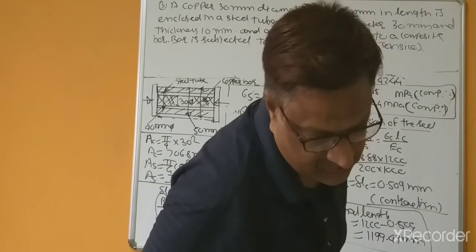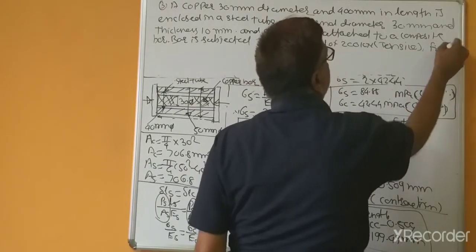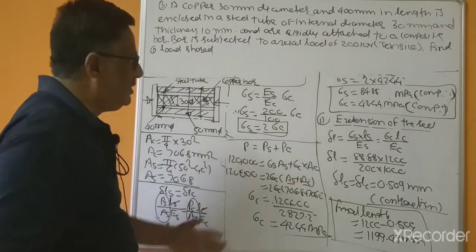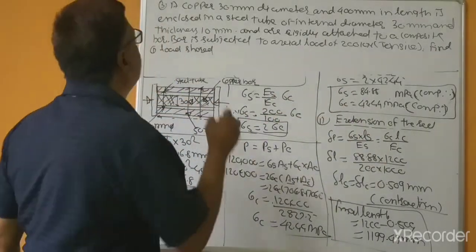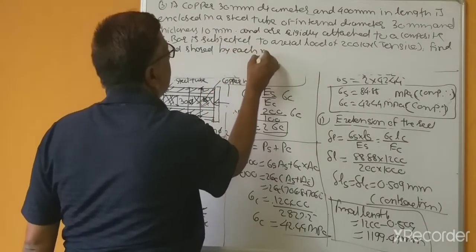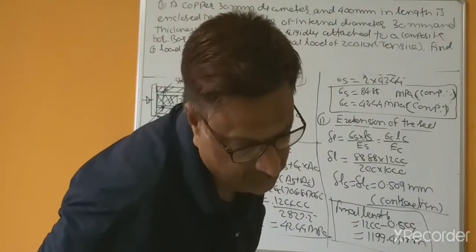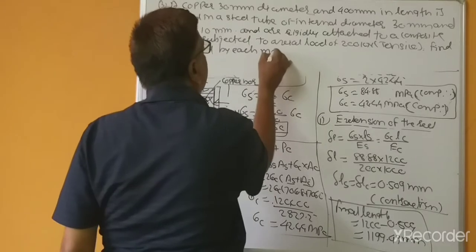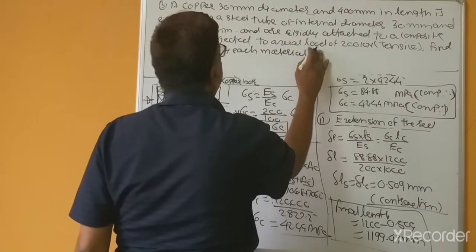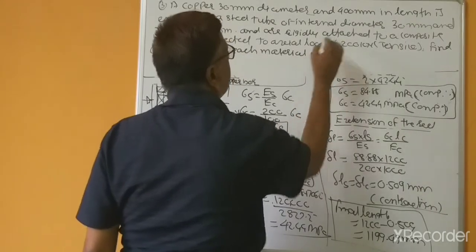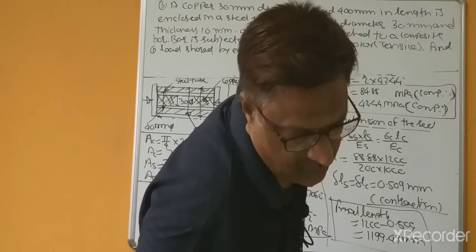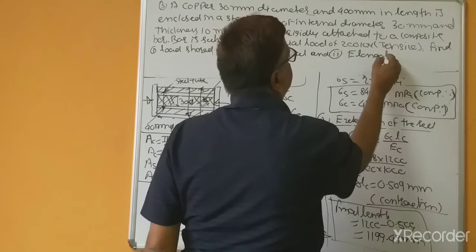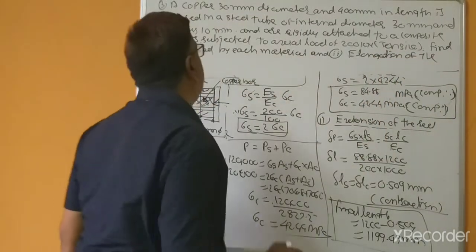Find first, the load shared by each material, and second, the elongation of the composite bar.